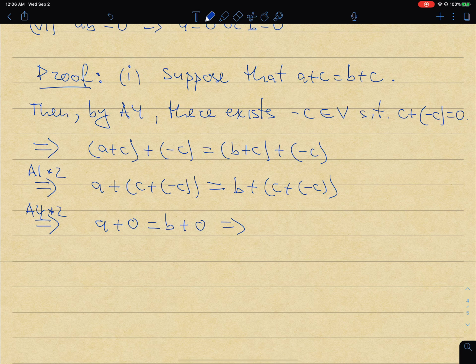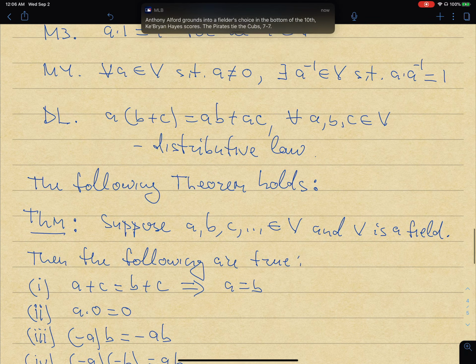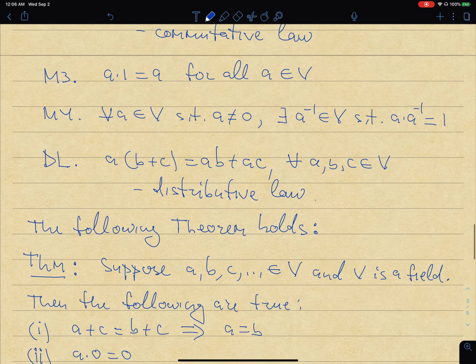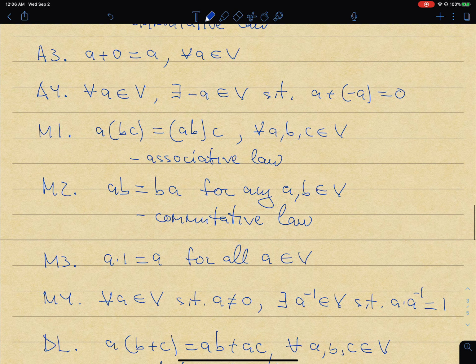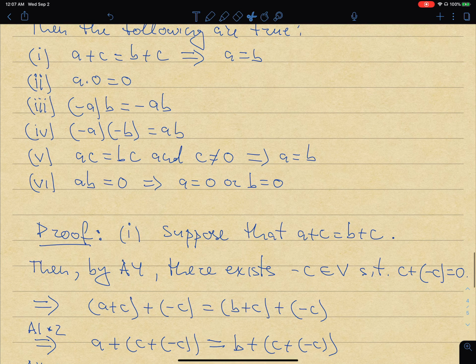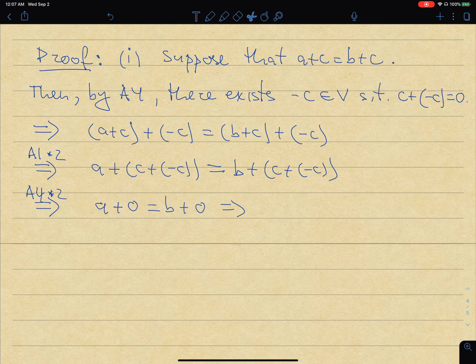But from that, we have the existence of 0, which is our A3. And A3 says that if I add 0 to any number, I'm going to get that number back. So A plus 0, A3 times 2, I'm going to get A is equal to B. And that is precisely what I wanted to show. Right? So the statement 1 has been proved.